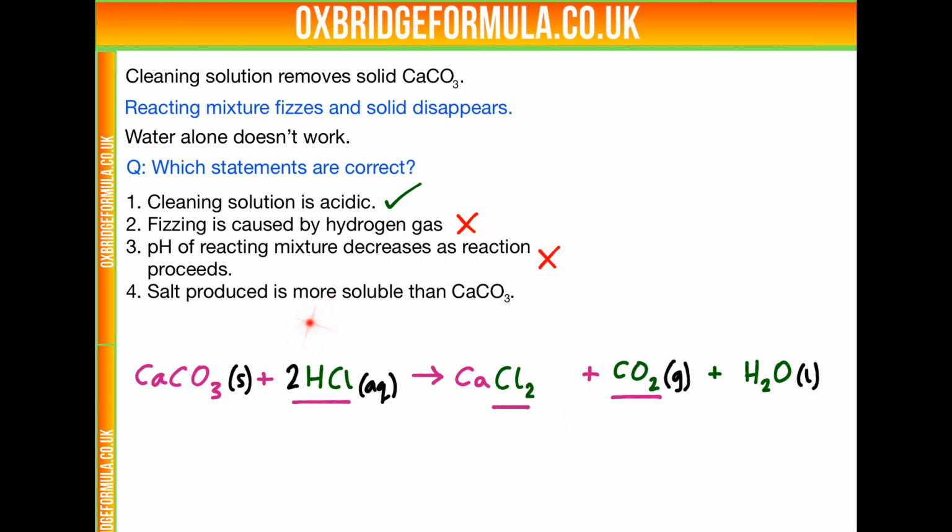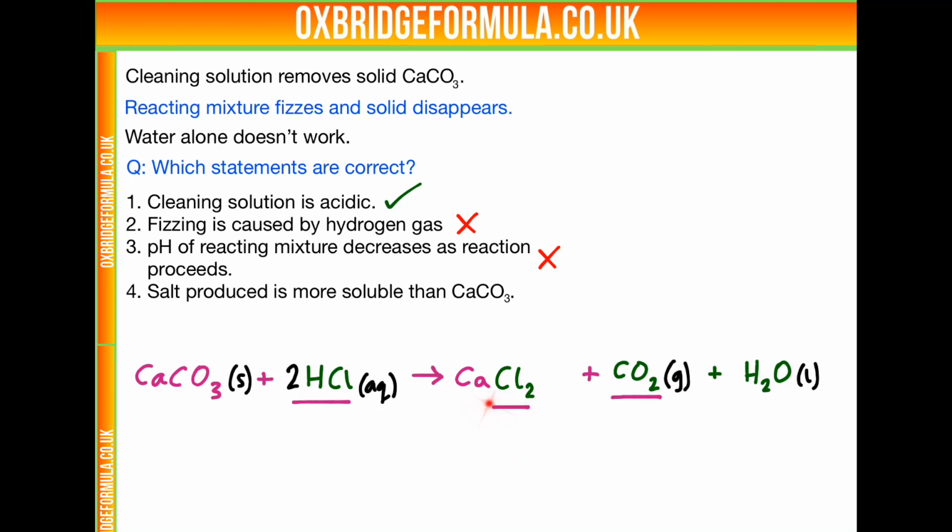Then finally, is this salt that's produced more soluble than calcium carbonate? So our salt in this case is calcium chloride, but this could be anything depending on the acid that we start with. What's happening to this? Well, we're told that the solid disappears. And so we know that this isn't a solid in the mixture, and it's either a gas or a liquid.